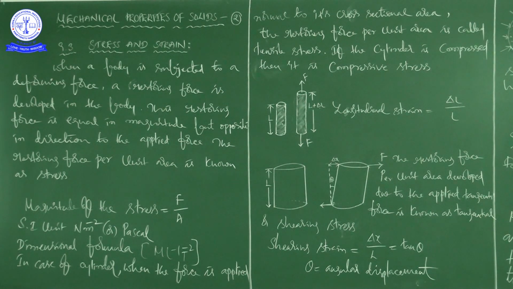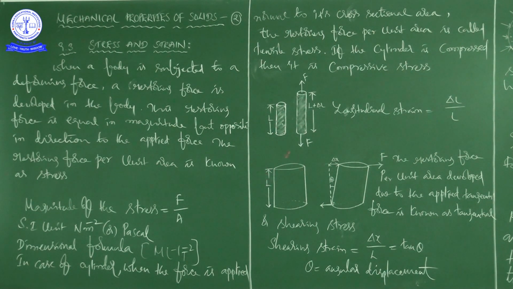Suppose, for example, you take a cylinder. You please observe, this is the length of the cylinder. The extended position will be different; I will explain that later. So this is the cylinder. Both are the same. Here just the length is going to increase. This is before increasing the length, the actual position.